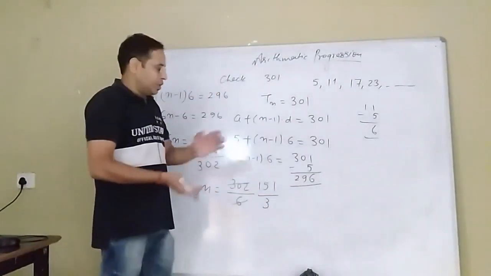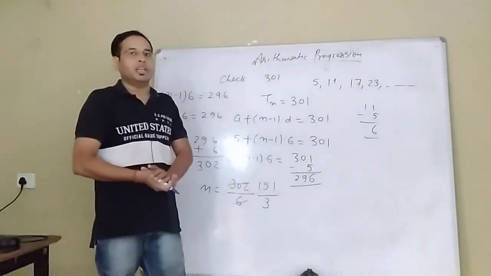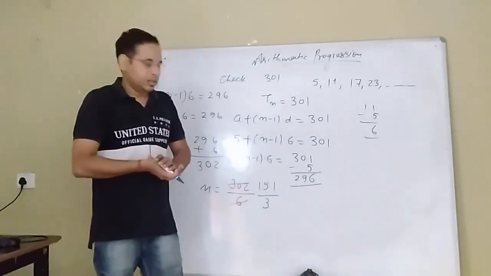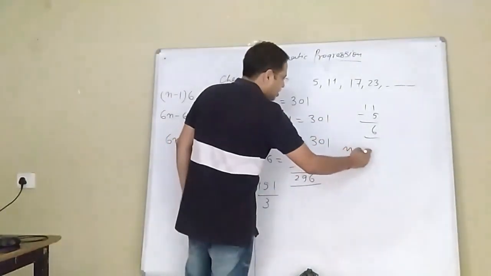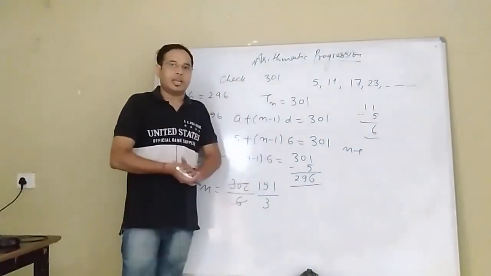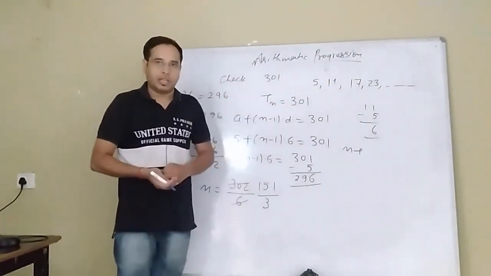Now this 151 is not divisible by 3. है ना? ये 151 3 से divisible नहीं होगा. We'll get the value in decimal or in fraction. है ना? Since it is not divisible, we are not getting the value of n in whole numbers. Therefore, we can say that 301 is not the term of this given arithmetic progression.